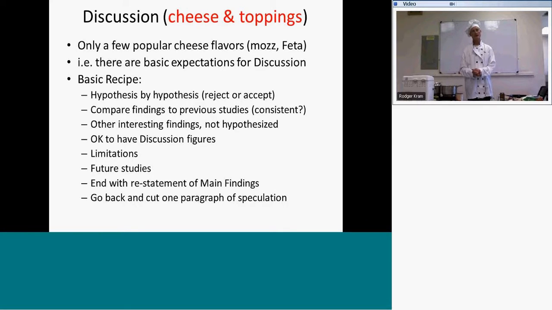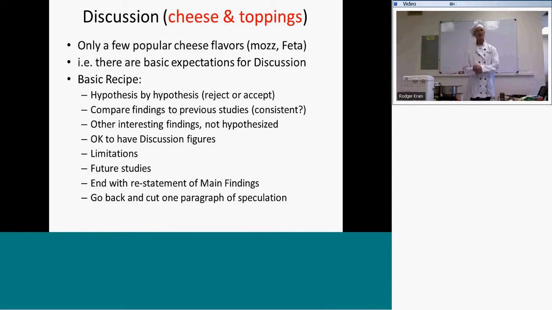The discussion section has a certain order in which the reader expects to find things. So this is my basic recipe for the discussion section, in the order the sections would appear in the paper. Remember the framework of the paper: the crust of the paper is the hypotheses. So I start with the first hypothesis in the discussion section.